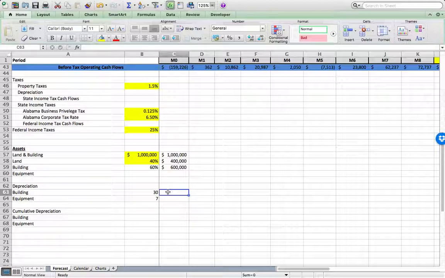All right. And how that works, let's just start out with, so it is equal to, because this is monthly stuff, we're going to take the building and we are going to divide it by this number of years, right?